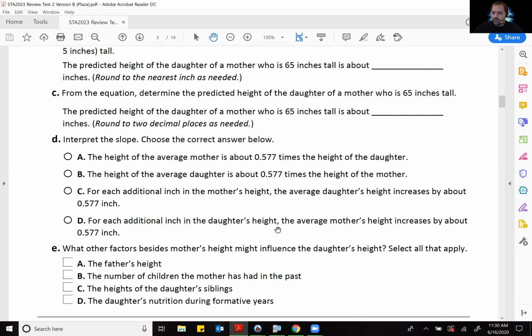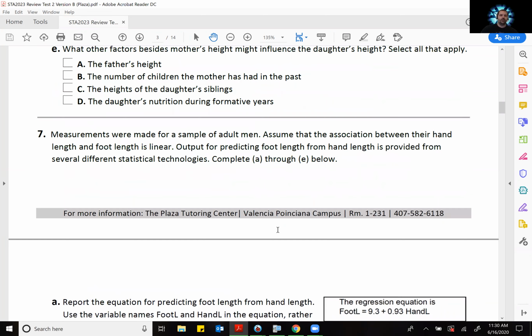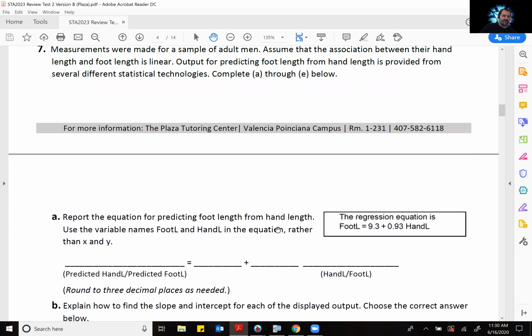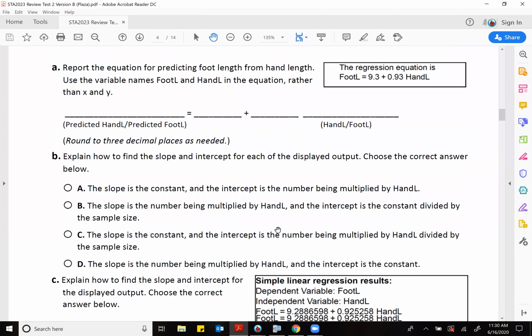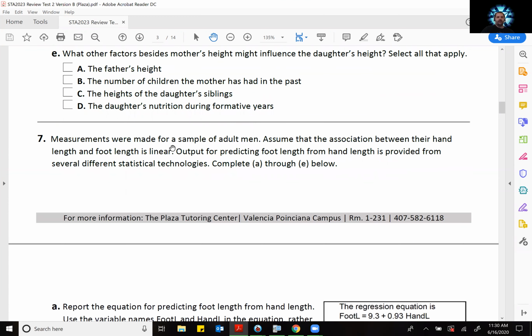All right. Number 7. So again, lots of information that's down below here. It says measurements were made for a sample of adult men. Assume the association between hand length and foot length is linear. So they're telling us to assume this, although it's not always good to assume.